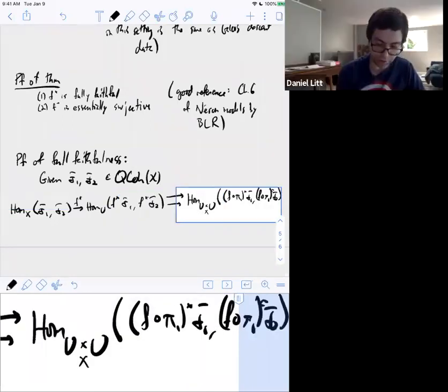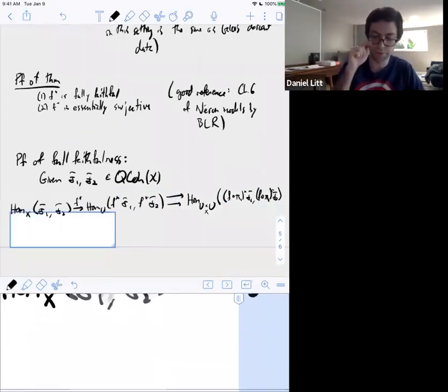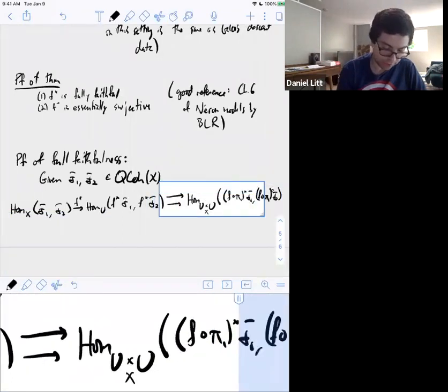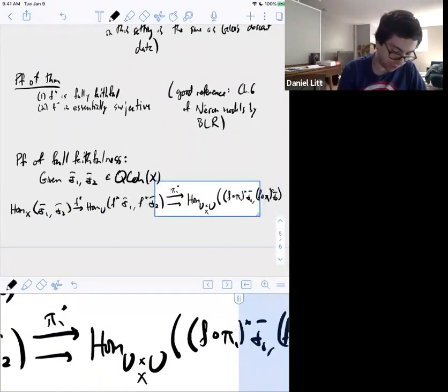It doesn't matter whether I use pi1 or pi2 here to pull back. So these two maps are given by, here we could take pi1 star, and here we could take pi2 star.